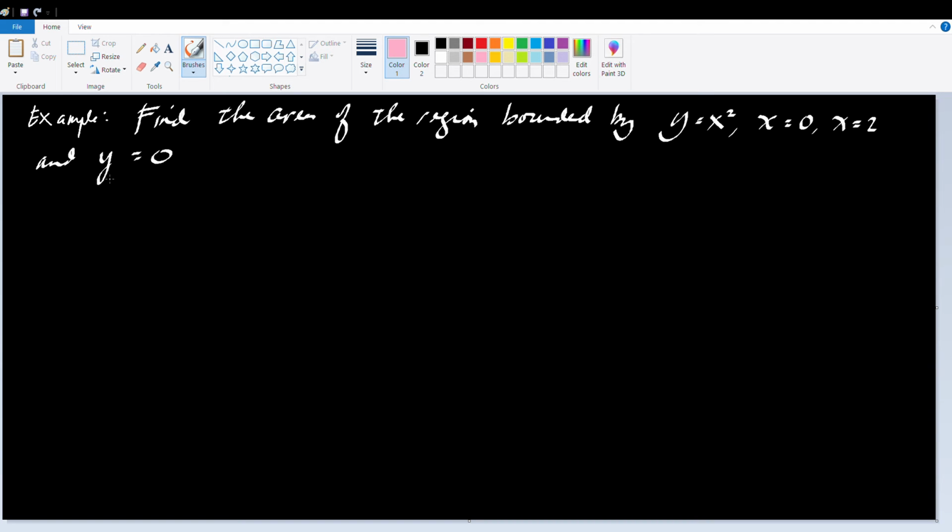Now, y equal to 0 is your x-axis. So, let us determine the area of that region.